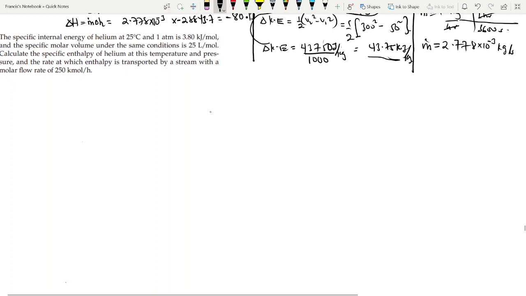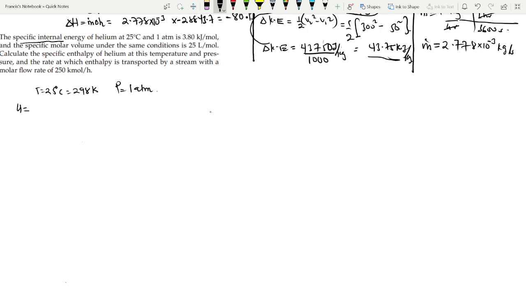So our next question is the specific internal energy of helium. So now you have helium at a temperature of 25 degrees Celsius, and that is equivalent to 298 Kelvin, and a pressure of 1 atm is 3.8 kilojoules per mole. So specific internal energy. Right? Note, this isn't change in internal energy.